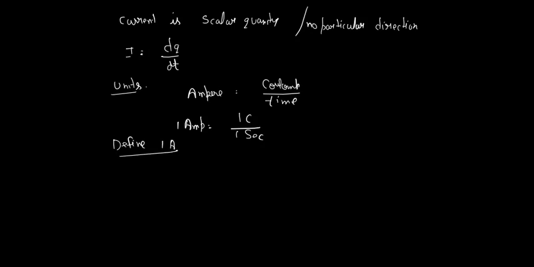These are the SI units: the SI unit of electric current is ampere, of charge is coulomb, and of time is second. So 1 ampere can be considered as a coulomb per second.